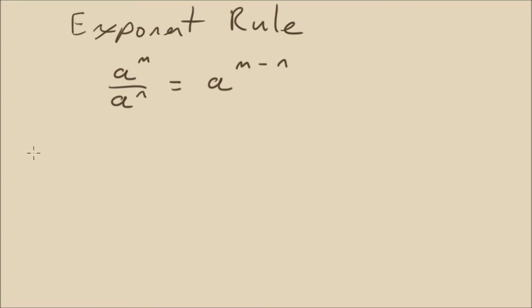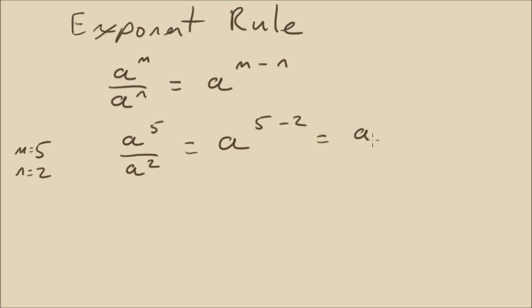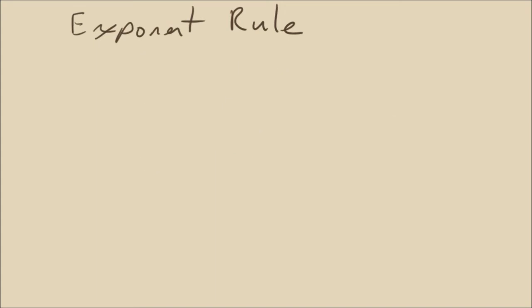If I again use 5 and 2, so a to the 5 over a to the 2 is going to equal a to the 5 minus 2, which is going to equal a to the 3.